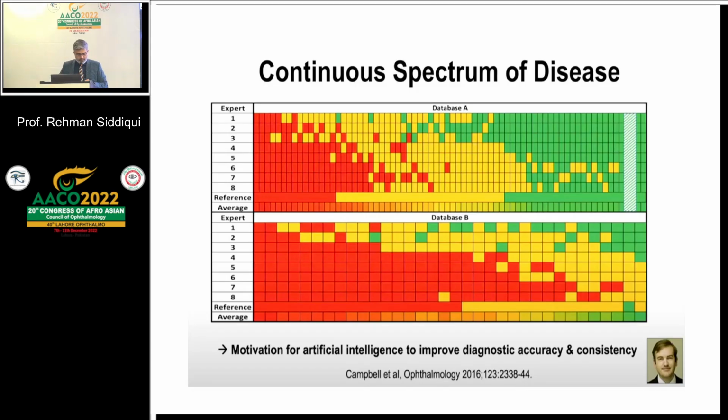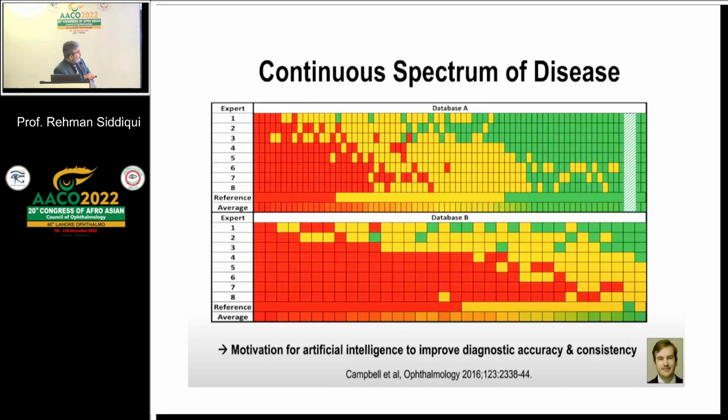If you look at this graph, something very interesting is being shown here. These are the experts. This is one database, and this is the other database. There are 8 experts, and all these squares are images. For this image, all the experts have labeled it as advanced disease, and the reference standard is advanced.